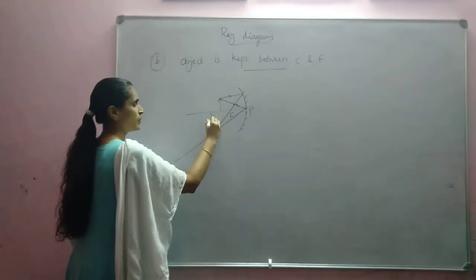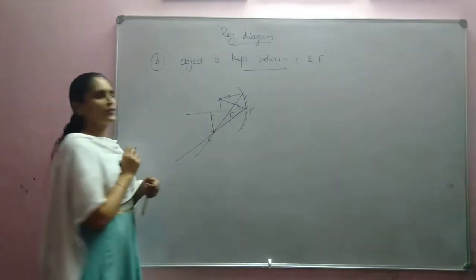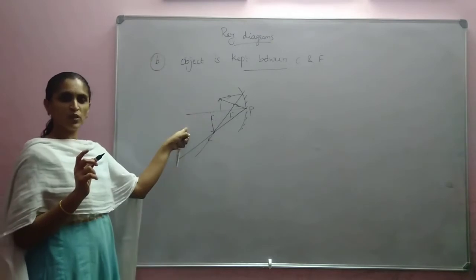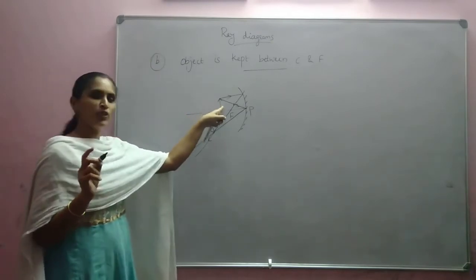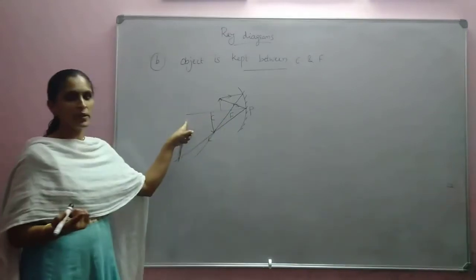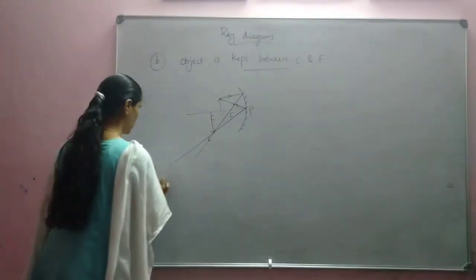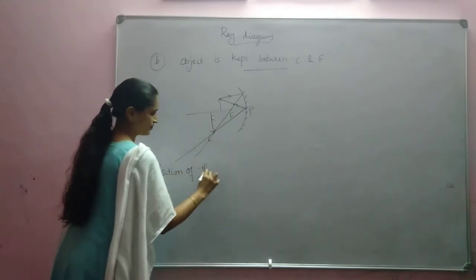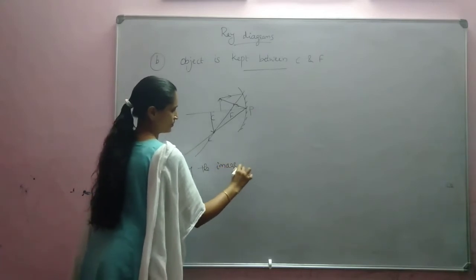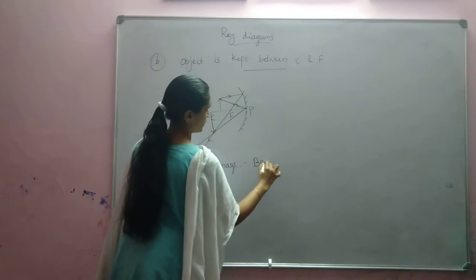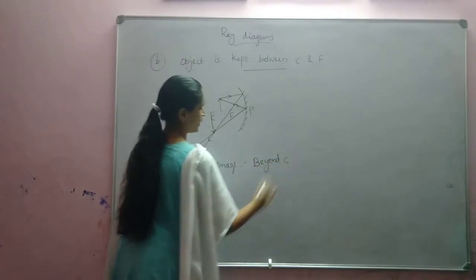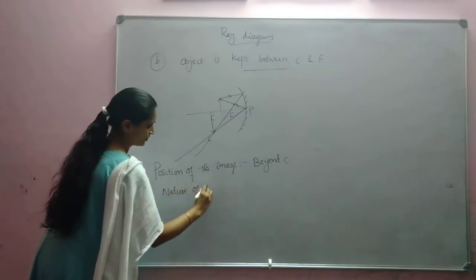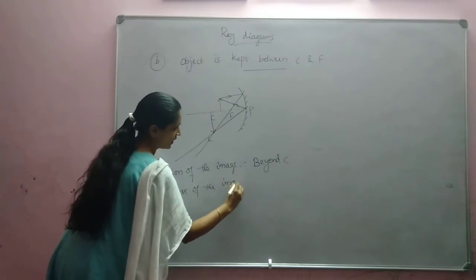So you can see that the image is formed, but the image is formed beyond C. So if the object is kept beyond C, the image is formed between C and F. And if the object is kept between C and F, the image is formed beyond C. So position of the image we can write: beyond C. Nature of the image: real and inverted.